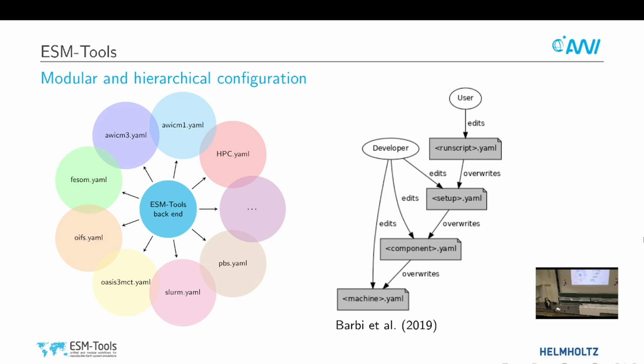If you want to add an HPC resource, you can add or change YAML files that already exist, or take information out of those and add to this. So this is the way the user can add a model and an HPC resource to the tool.